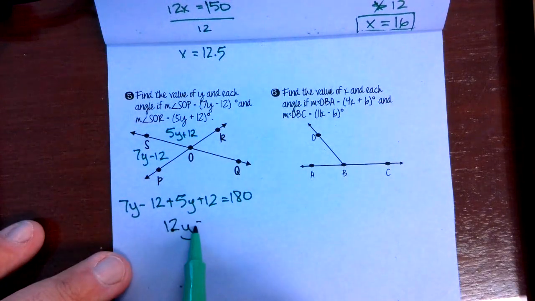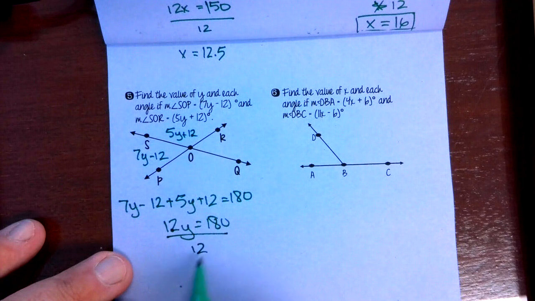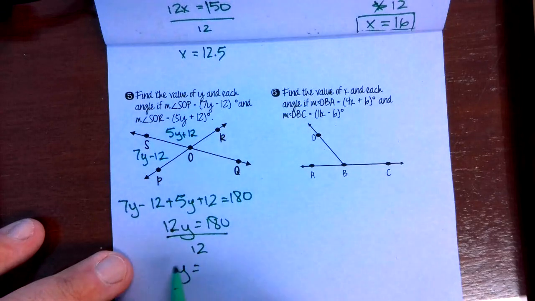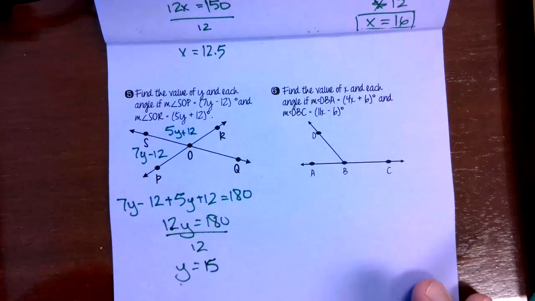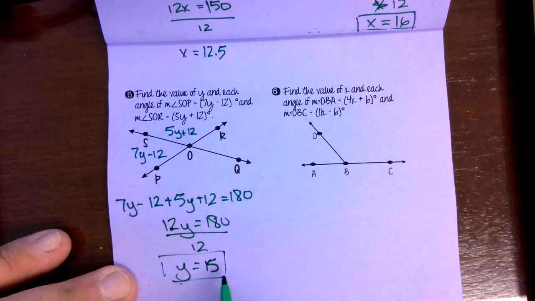Collect like terms. Negative 12 and 12 add to 0, so I just get 12y equals 180. Divide by 12, and I get y is equal to 15, I believe. Yeah, 15. And that's what y is. Now I plug in the angle.